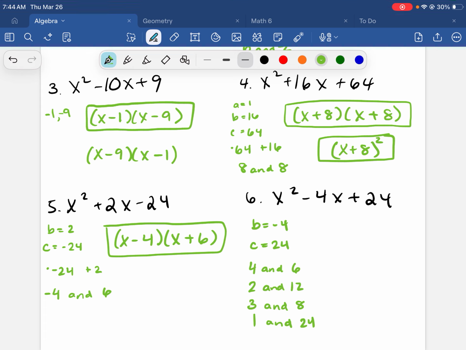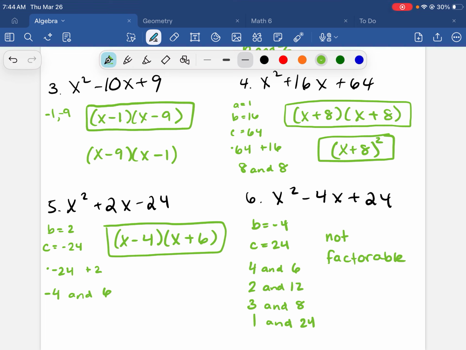So this is not factorable. It looks very similar to number 5, which was factorable. That 24 has many factors, but none of them are 4 apart.